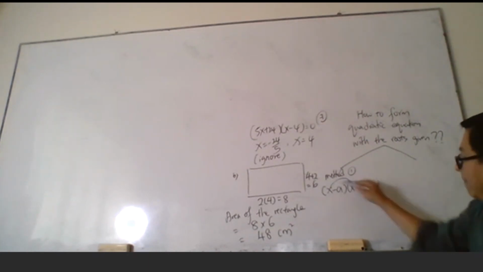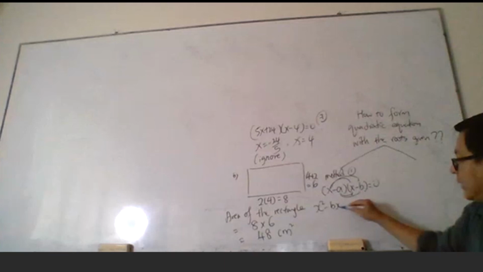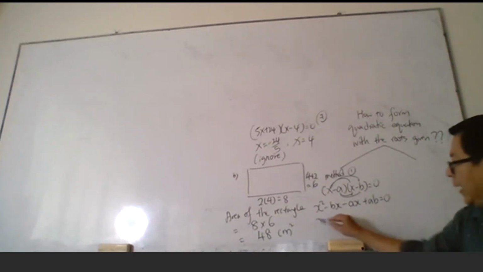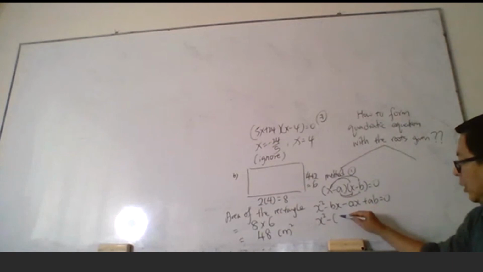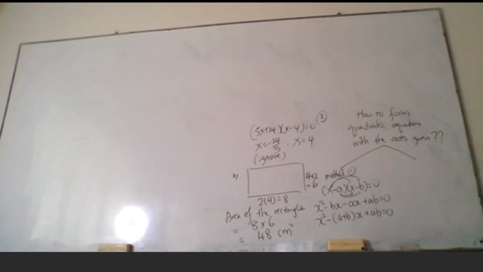Then we expand, you'll get x squared minus bx minus ax plus ab. So that's x squared minus a plus b x plus ab. So first method, actually I need to expand the two linear expressions.